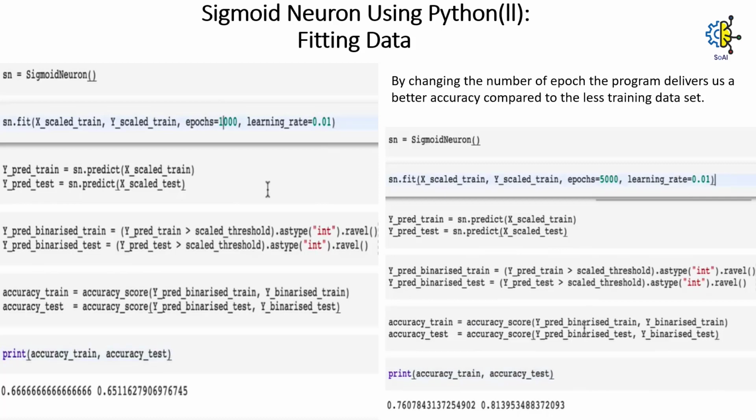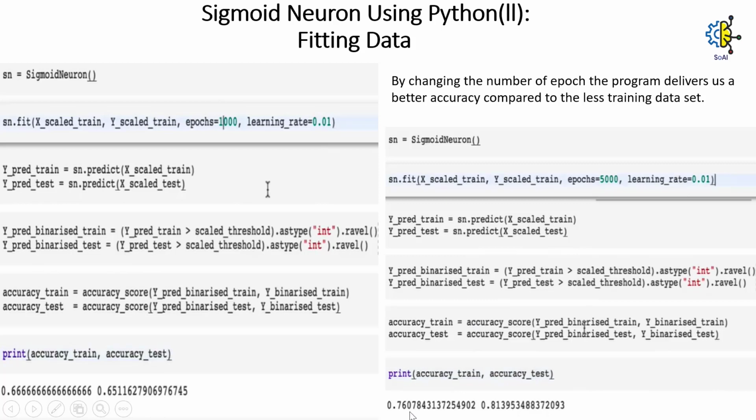After that, we are going to print this with a print function with accuracy_train, comma, accuracy_test. It will give us this value. You can see the difference in both codes: here epoch is equal to 1000 and here epoch is equal to 5000, and everything else is the same, but the difference in value comes out like this.